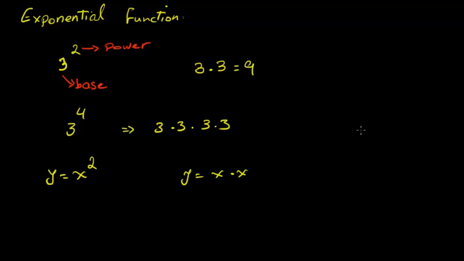So when we say x to the second power or third power, we mean that we have two parts. This is our base, that is variable, right? And we have a power that is number.